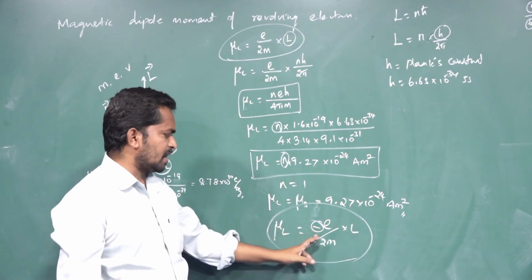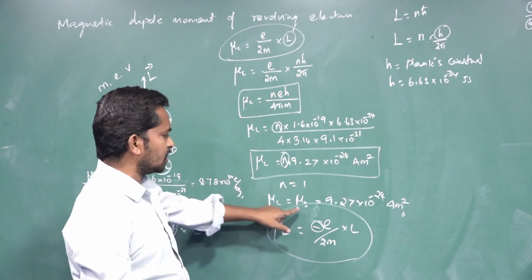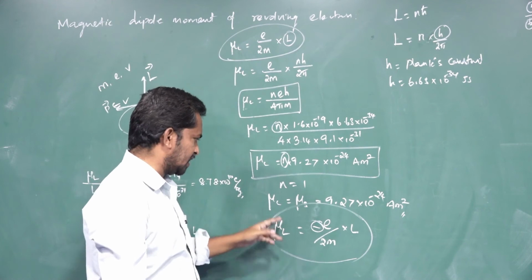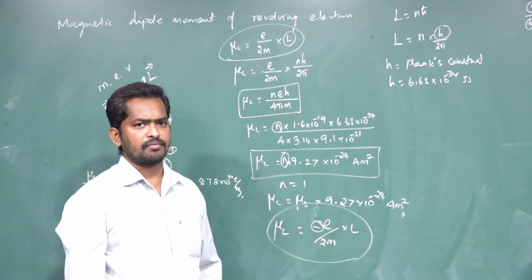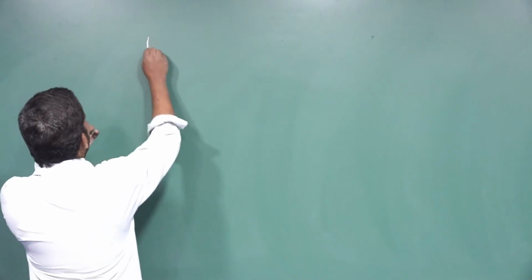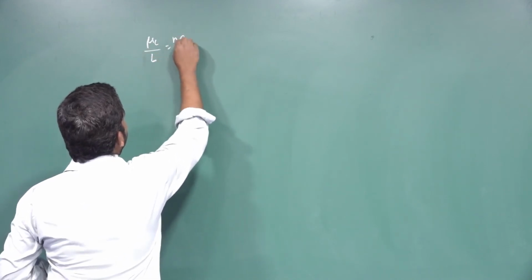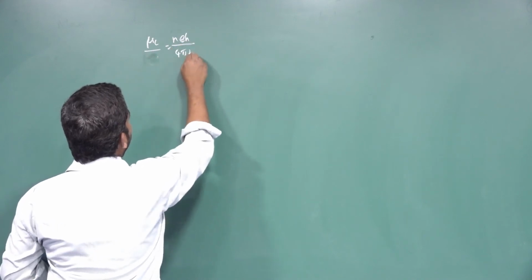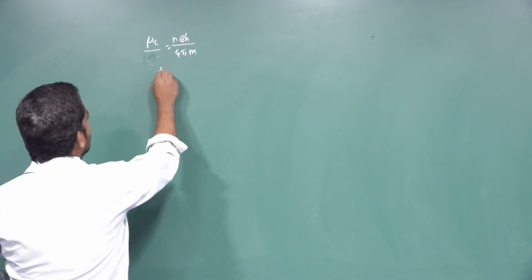So mu L is equal to minus e divided by 2m into L. Finally, you get the least magnetic dipole moment of a revolving electron. The least value of mu L is 9.27 into 10 power minus 24 ampere meter square. Mu L is equal to n e h divided by 4 pi m, and the least value is n equal to 1.